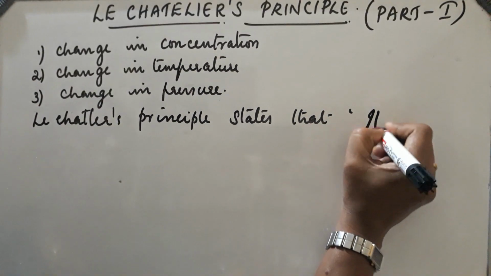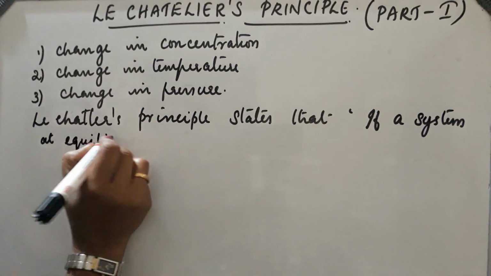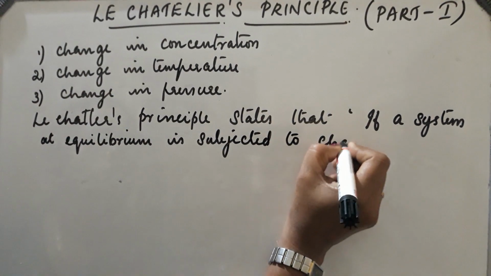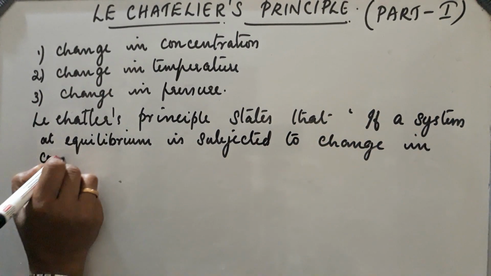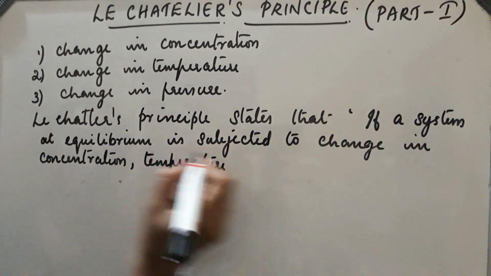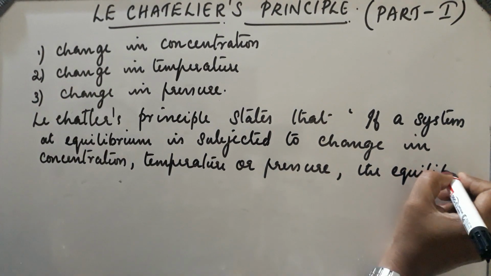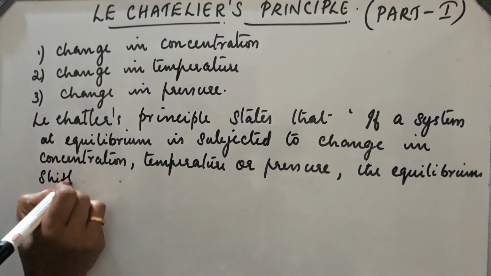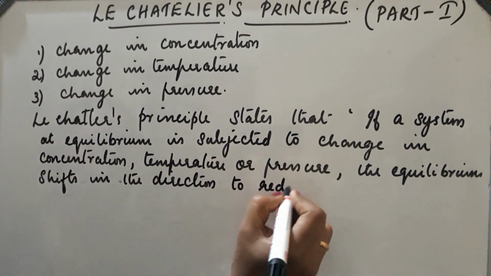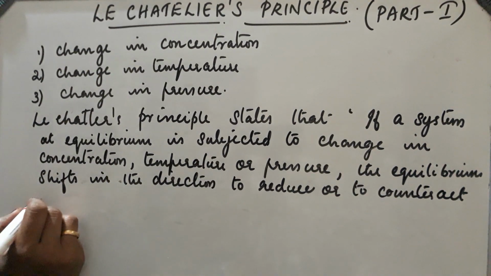So if a system at equilibrium is subjected to change in concentration, temperature or pressure, the equilibrium shifts in the direction to reduce or to counteract the effect of change.